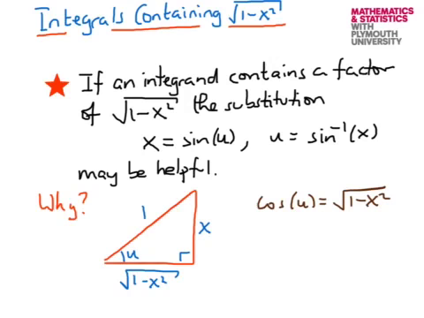Now, the way that u is defined through the arcsine in terms of the principal value of the arcsine function means that u is restricted to between minus pi over 2 and pi over 2. So u is between pi over 2 and minus pi over 2 because of its definition in terms of the arcsine function, and this is what we call the principal value of the arcsine function.